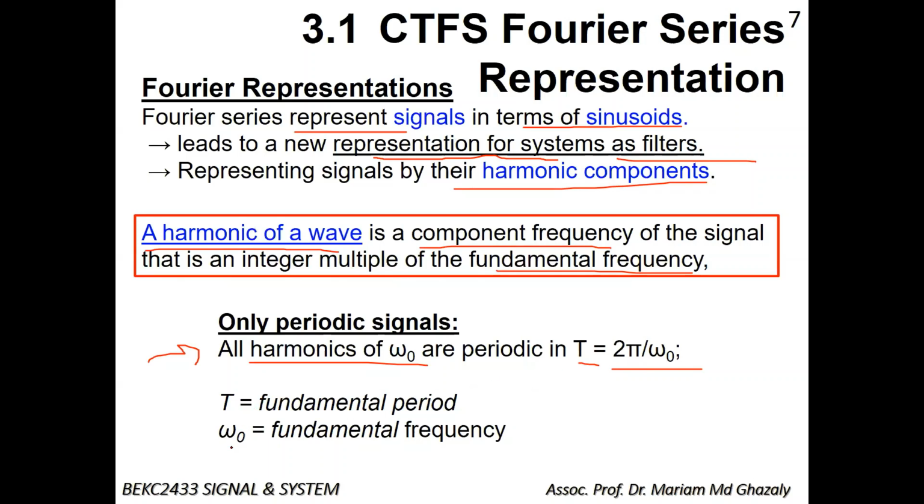Here omega naught is the fundamental frequency and T is the fundamental period. So if you talk about a harmonic of a wave, it means the integer multiple, so you have 2 pi over omega naught, 4 pi over omega naught, 3 pi over omega naught, and so on. So you actually multiply the integer part of the fundamental frequency.